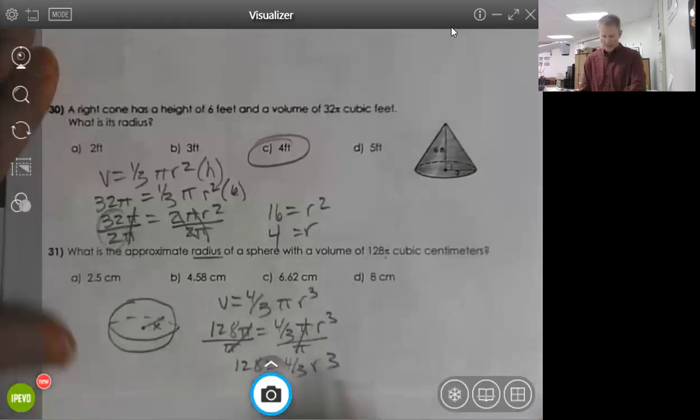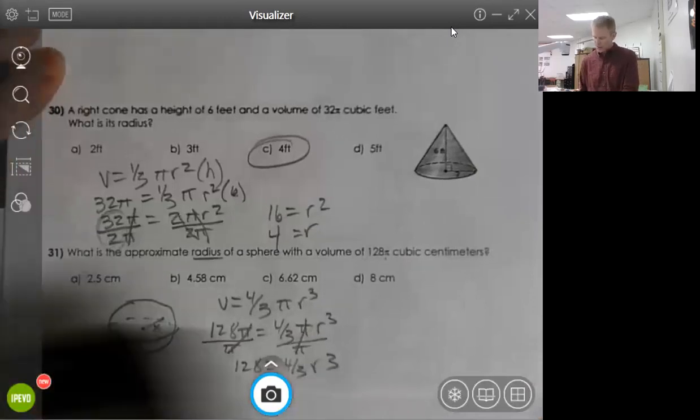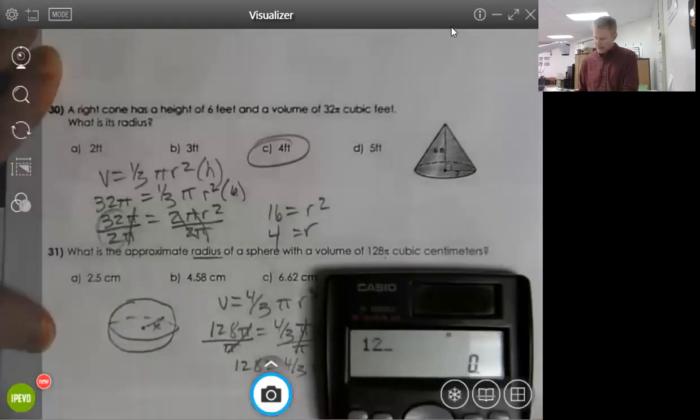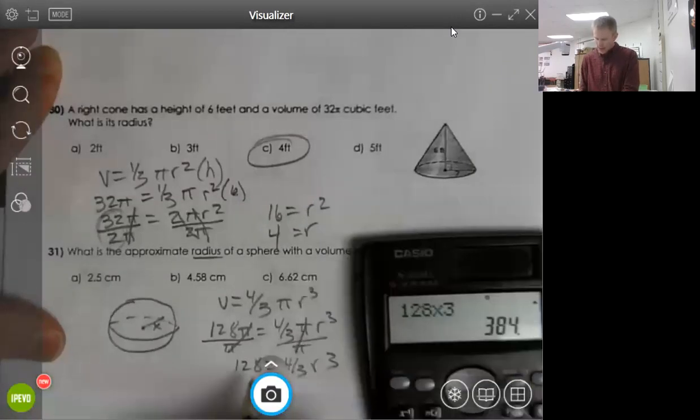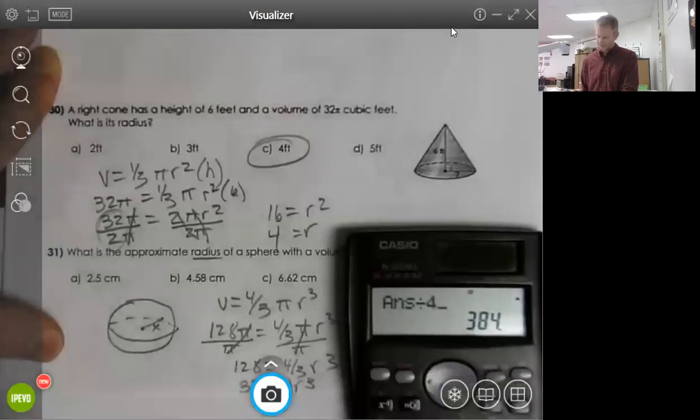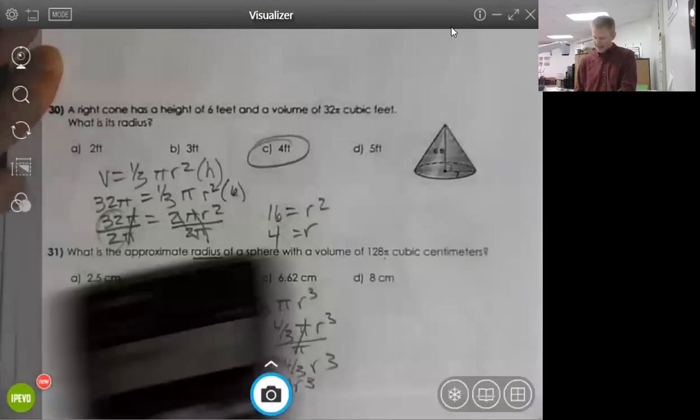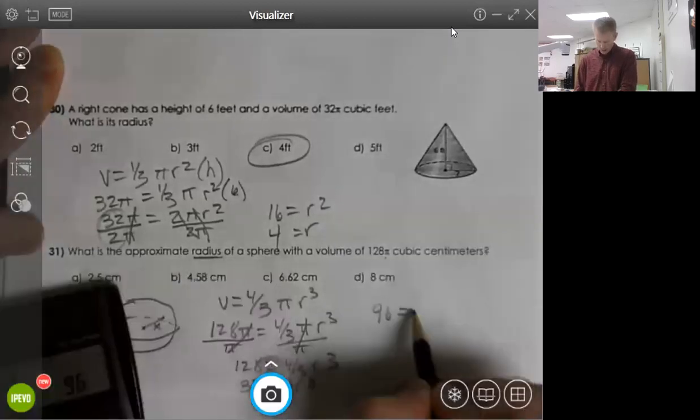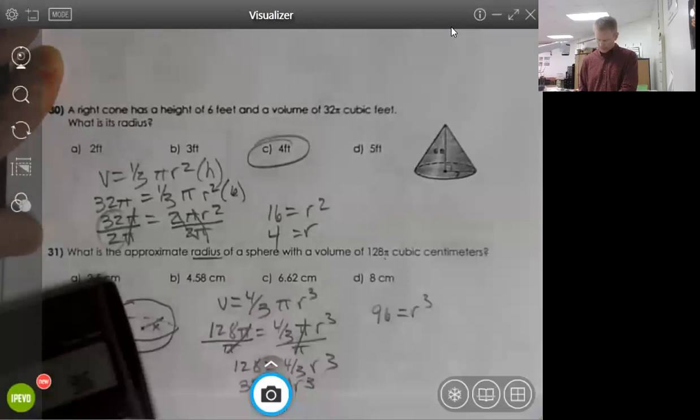You would times by 3 first. 128 times the denominator gives us 384 equals 4r cubed, and then divide by 4. Gives us 96 equals r cubed.